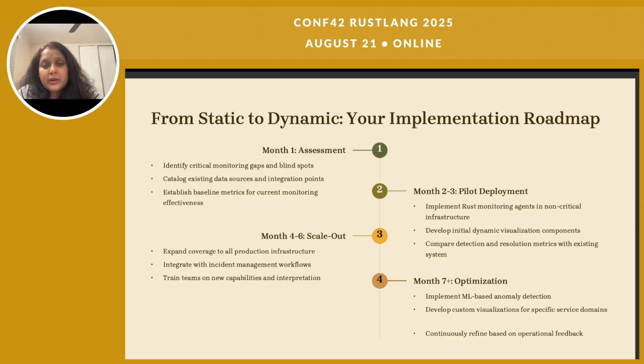Post that, a quarter to roll out to production, integrating with the incident response tools. And beyond that, time can be dedicated to these emerging trends, like adding ML anomaly detection and domain specific visualization. Doing it in a phased approach will keep the risk low while proving value early.